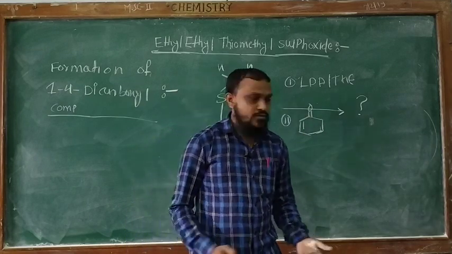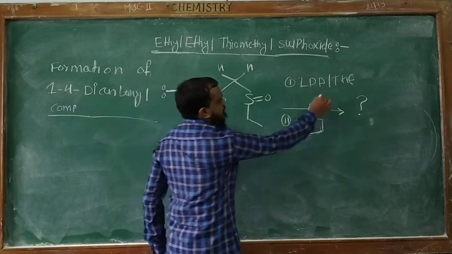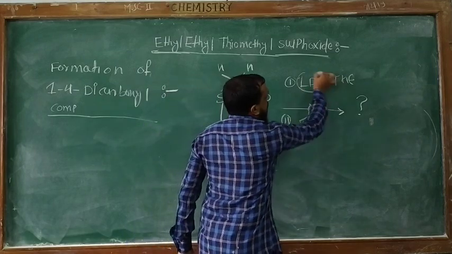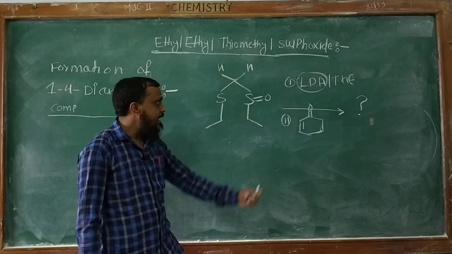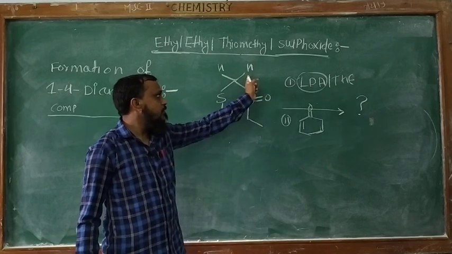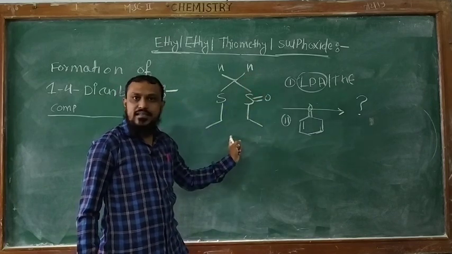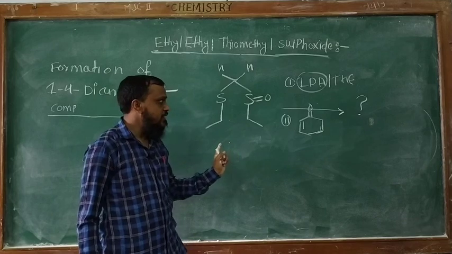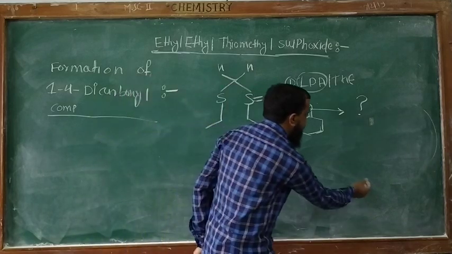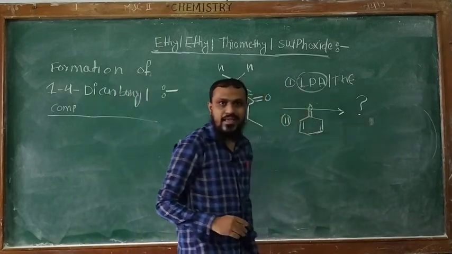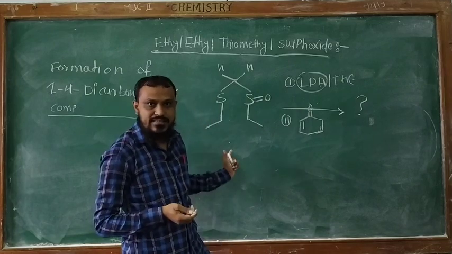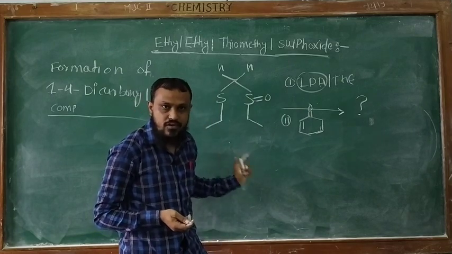Okay, so here firstly BuLi is a strong base. It attracts the proton from the ethyl thio-methyl sulphoxide. Okay, and we will get a deprotonation product called the lithiated salt of ethyl thio-methyl sulphoxide.